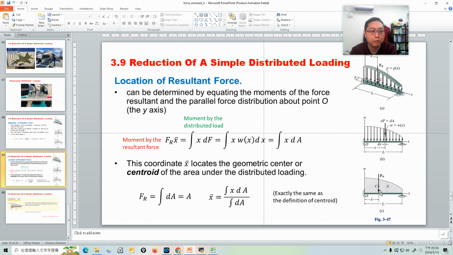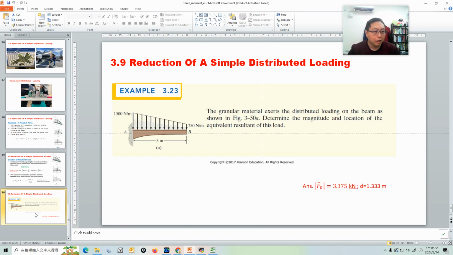Then we spent some time talking about what the centroid is and how to calculate it. Now we go back to the simplification of distributed load. This is example 3.23 in the textbook. There is a granular material, I think this is grain, I'm not sure you see it.